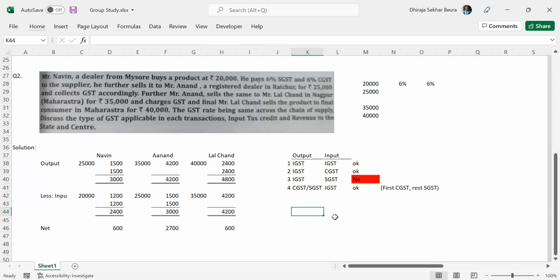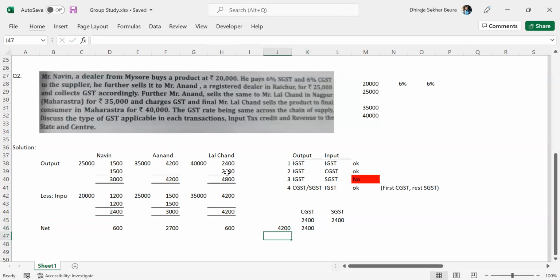Okay. A small presentation change, just to make that clarity. Suppose we have CGST and SGST for Mr. Lalchand. Output liability is nothing but 2400 and 2400. So we have input credit of 4200. Out of this 4200, first 2400 goes for CGST.